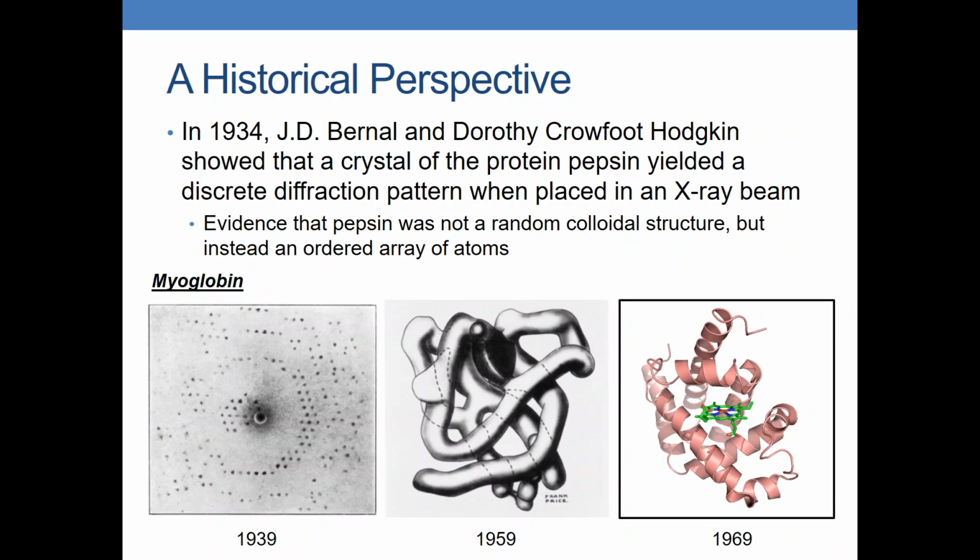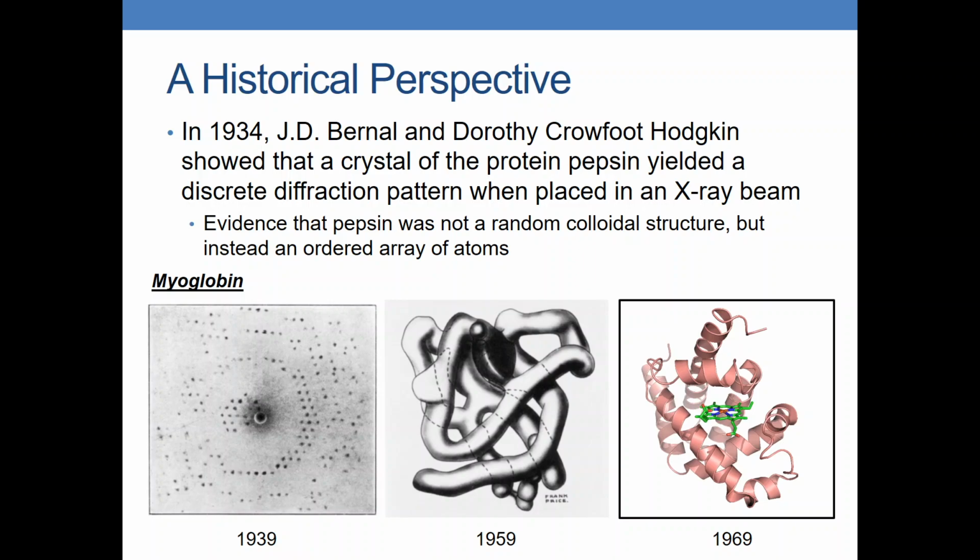Now, I'm not trying to make you experts on X-ray crystallography, especially not at this level. But what I want you to understand is that in an X-ray diffraction pattern, seeing discrete spots like you see here can only be possible if your molecule is ordered.